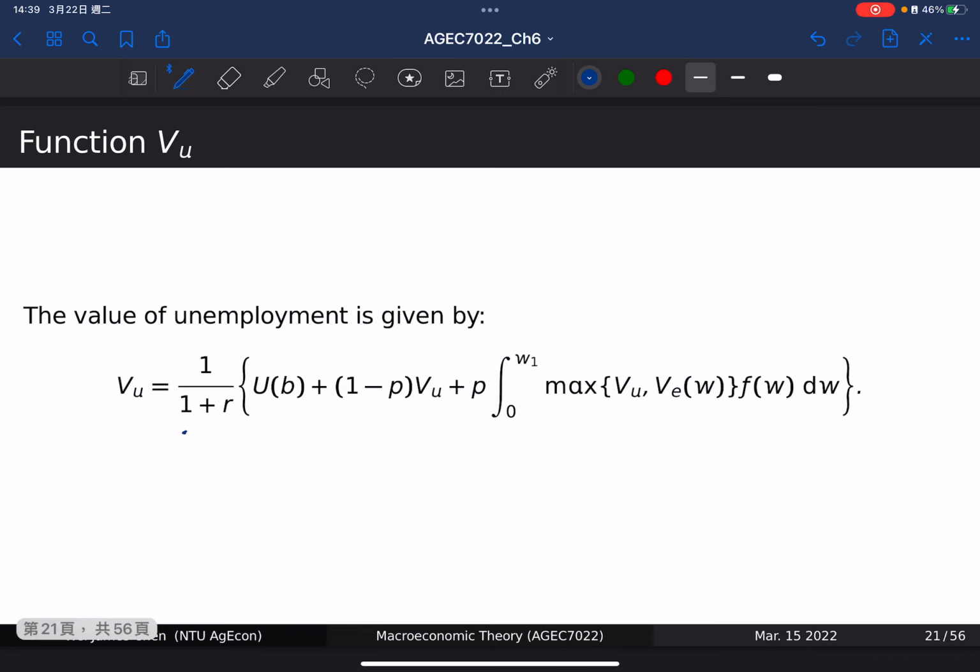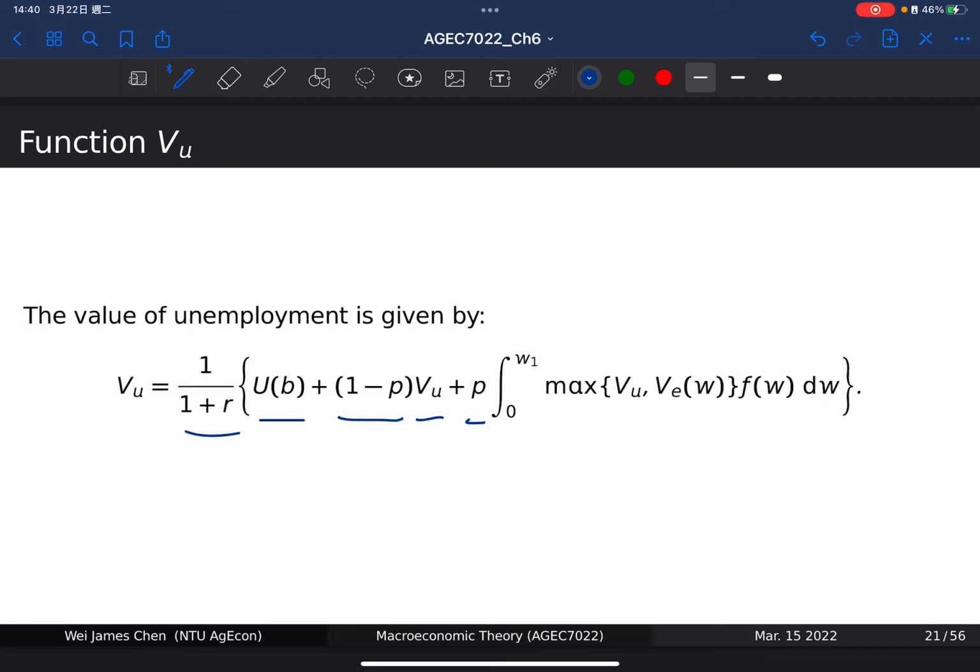Then you do one period of discounting, and then your enjoyment of benefit B. There's a probability P that you get a job offer, so on the other side, that means you have a 1 minus P probability of not getting an offer. If you're not getting an offer, then you keep being unemployed, so your value is still VU. And then there's a probability P that you are getting an offer.